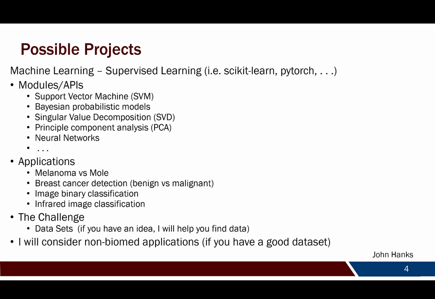Some possible projects. I really think a popular subject today is machine learning, and there's a really good abstracted module in Python called scikit-learn. There are other modules such as PyTorch that you could use as well. There's a lot of different techniques here, and what's interesting, over the last 5 years, these things have been abstracted to the point where it's very straightforward to use.